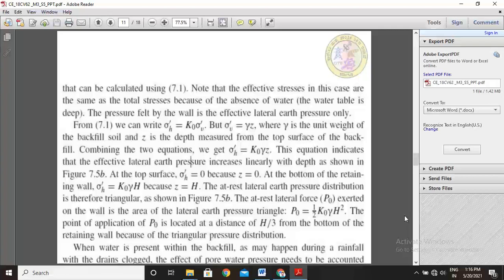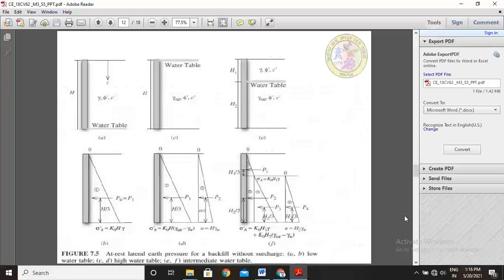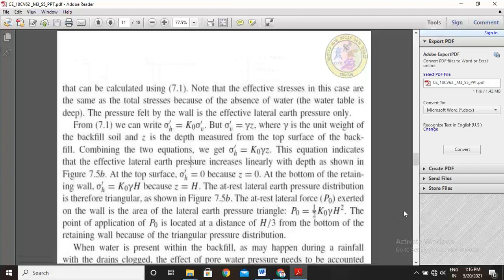At the bottom of the retaining wall sigma dash H is K naught times gamma into H because Z equals H. The at rest lateral earth pressure distribution is therefore triangular, as shown in figure 7.5b. So the lateral earth pressure is triangular.